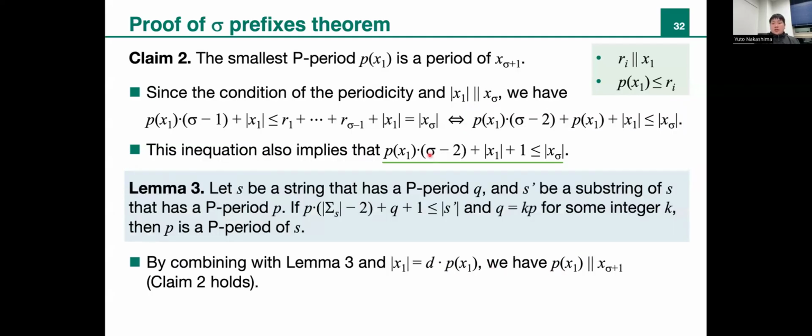In a similar way, we can get these conditions, and then by combining with this lemma, the parameterized extension lemma, and the multiple representation, we also have that the shortest parameterized period of x1 is also a parameterized period of x sigma plus 1.